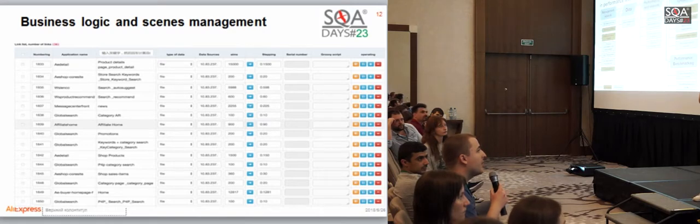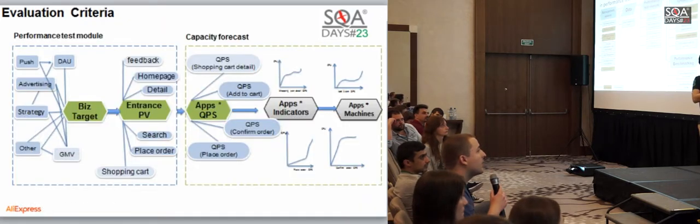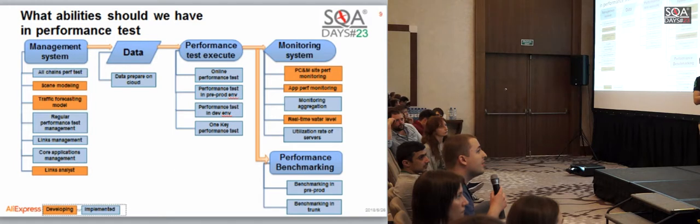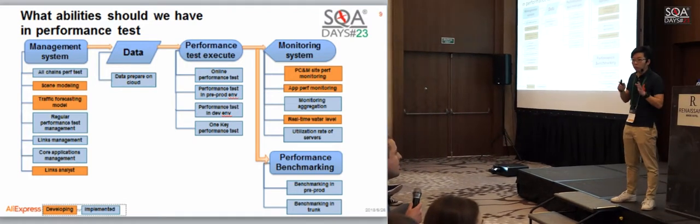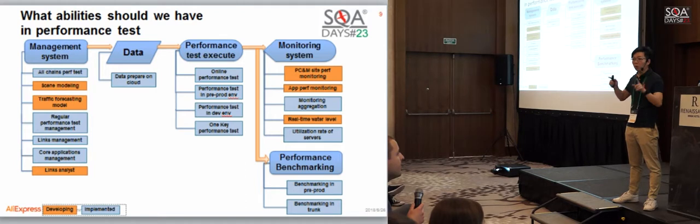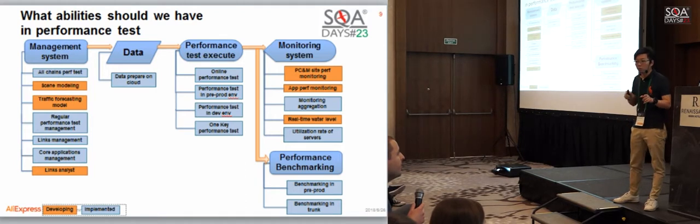Data preparation. So, you mean as we execute the performance test, we use the online performance test. For the server side, we will use the CDN servers in our globalization data centers.